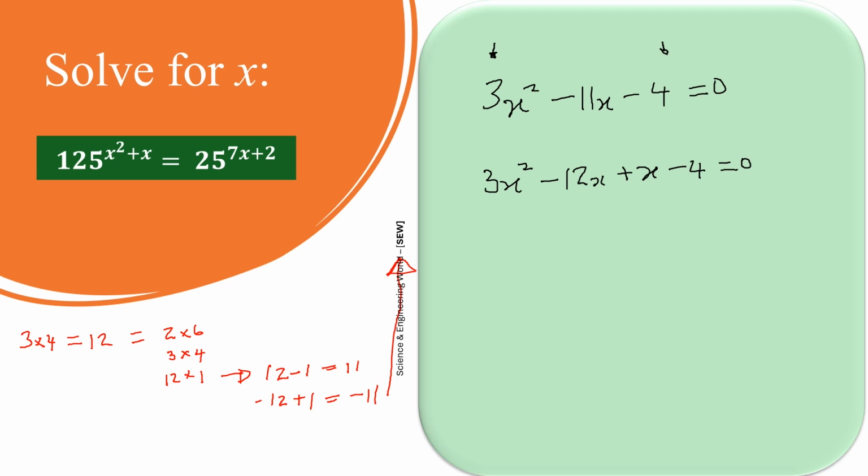We can see here that minus 12 plus 1 gives us minus 11, which is great. Now we can combine the first two terms and the second two terms.